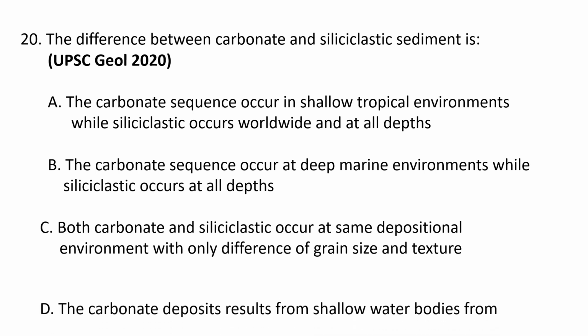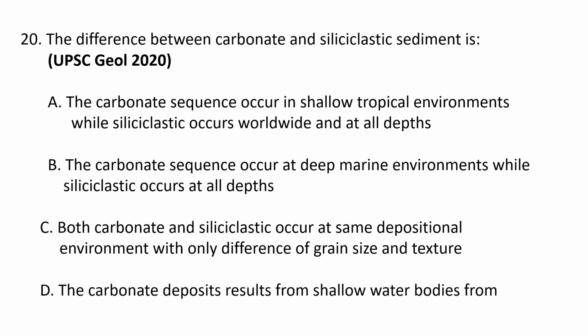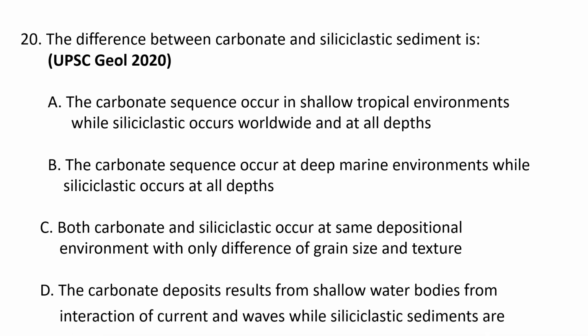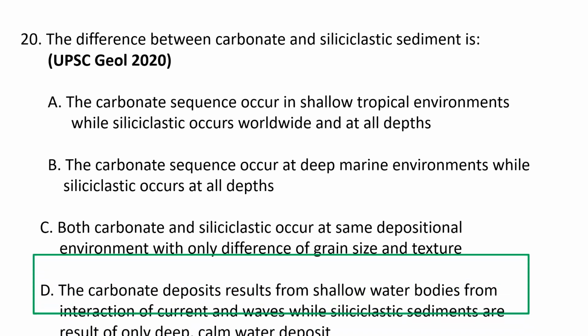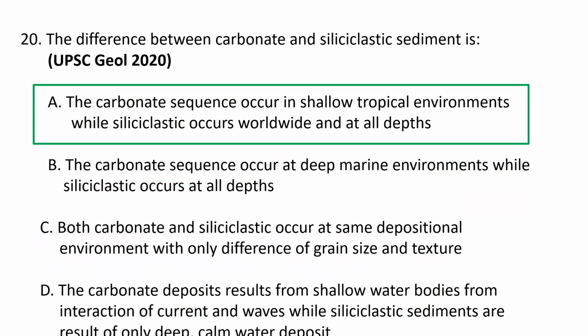And D. The carbonate deposits result from shallow water bodies from interaction of the current and waves, while siliciclastic sediments are a result of only deep calm water deposit. So the correct answer is A. The carbonate sequence occurs in shallow tropical environments, whereas the siliciclastic occurs at all depths.